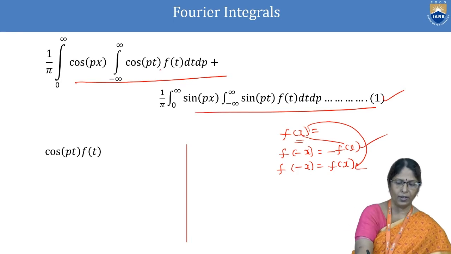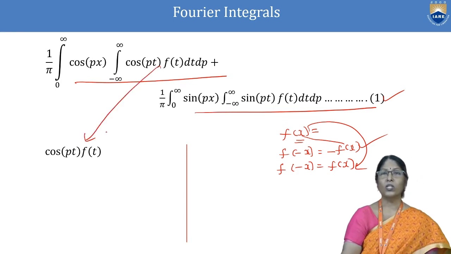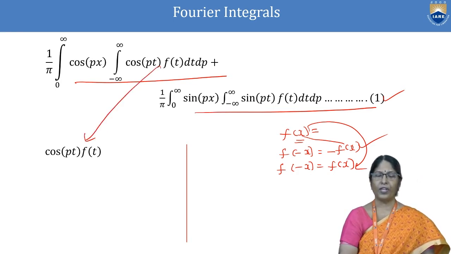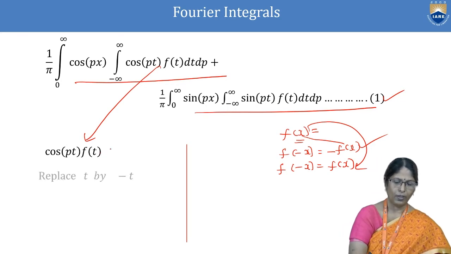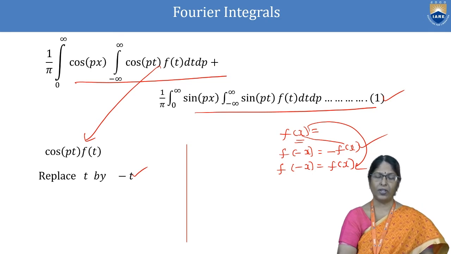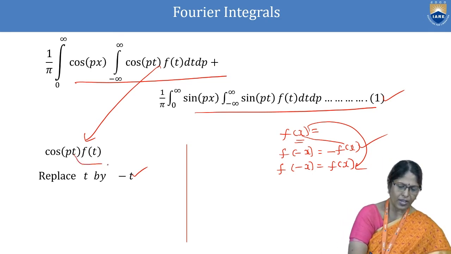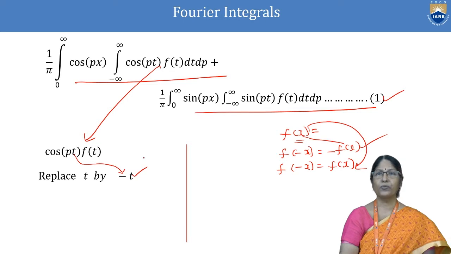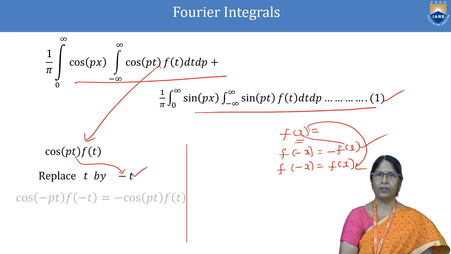We can check it here: cos of pt f of t. We replace t by minus t, that is, wherever t is there we substitute minus t.